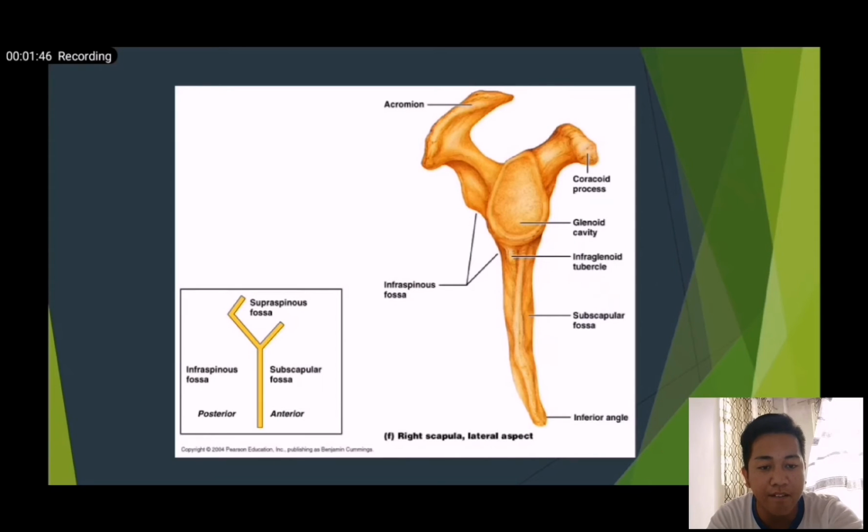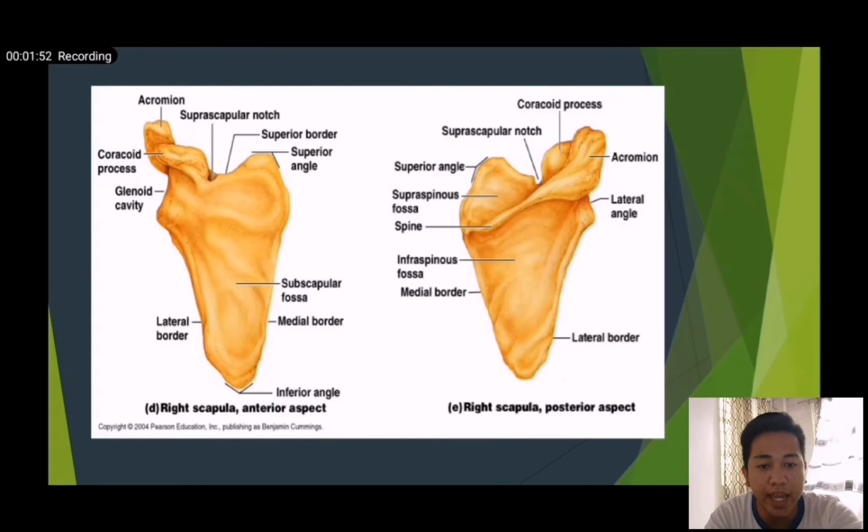We also have our right scapula in lateral aspect. So in right scapula or anterior aspect, nakikita po natin yung mga parts dito. So, the scapula has 2 important processes. Number 1 is the acromion, and number 2 is the coracoid process.